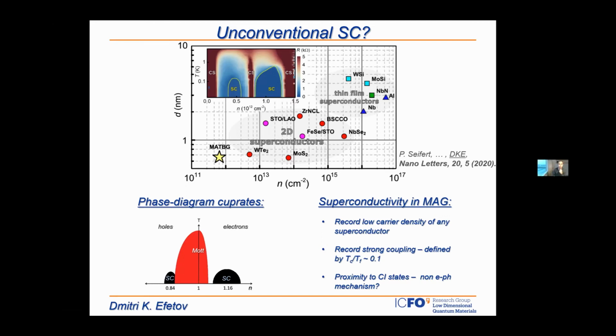If I may continue on the same topic, isn't this actually a law in the sense of BCS theory, because the TC is directly proportional to the Fermi level? Right. In the McMillan formula, if you calculate the TC, the density of states is in the exponent, and therefore.